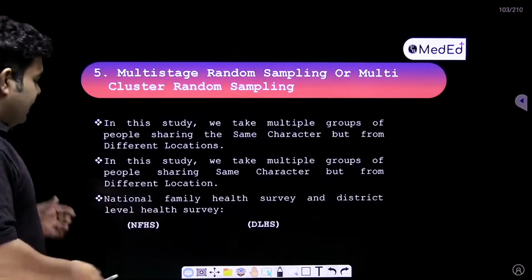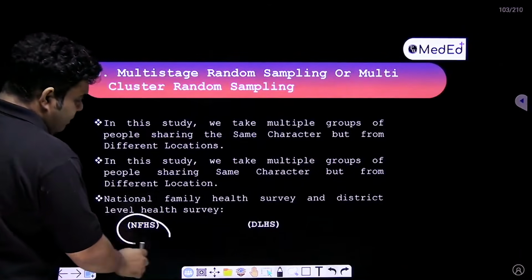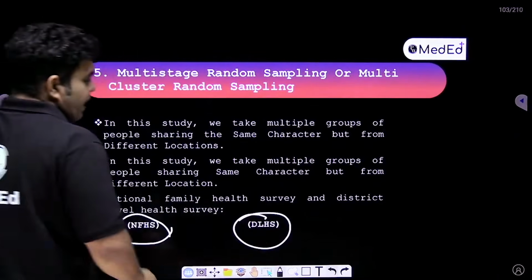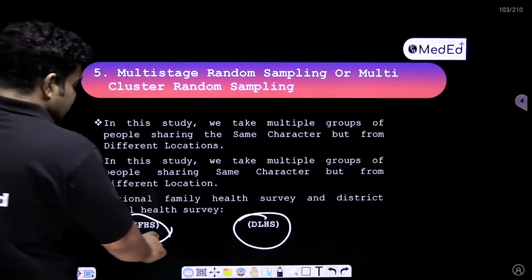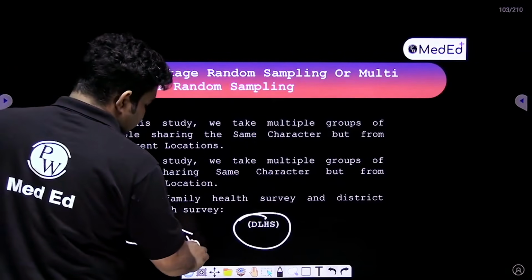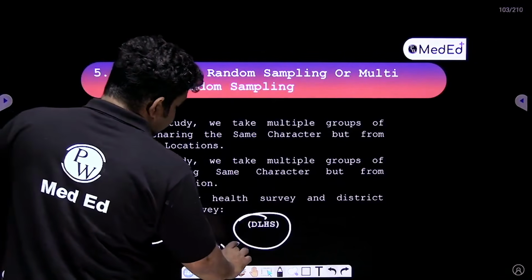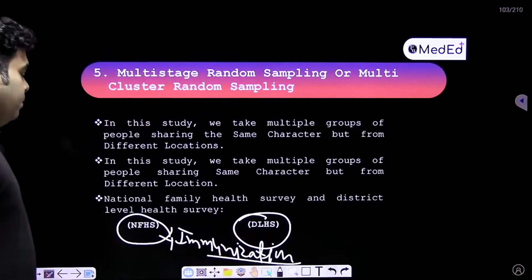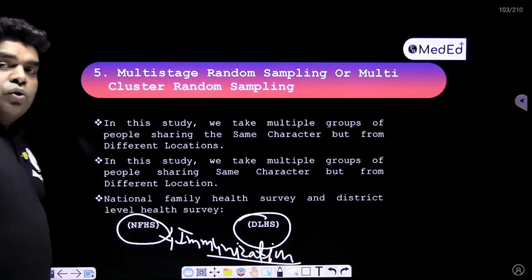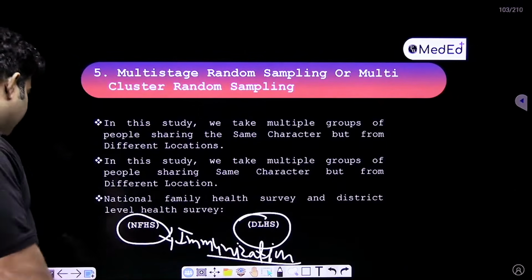As I was saying, all surveys like the National Family Health Survey and the District Level Health Survey are done with the help of multi-stage sampling. The NFHS gives us data on immunization, breastfeeding, domestic violence, anemia, iodine deficiency. All this data comes from NFHS and DLHS. So who gives us immunization data? NFHS, DLHS.